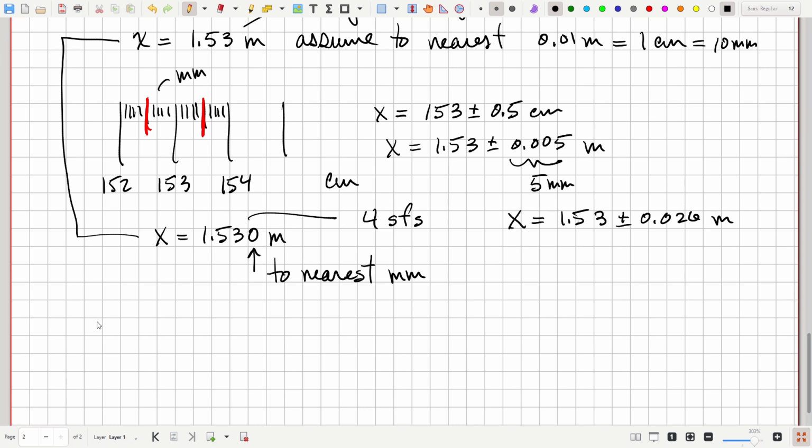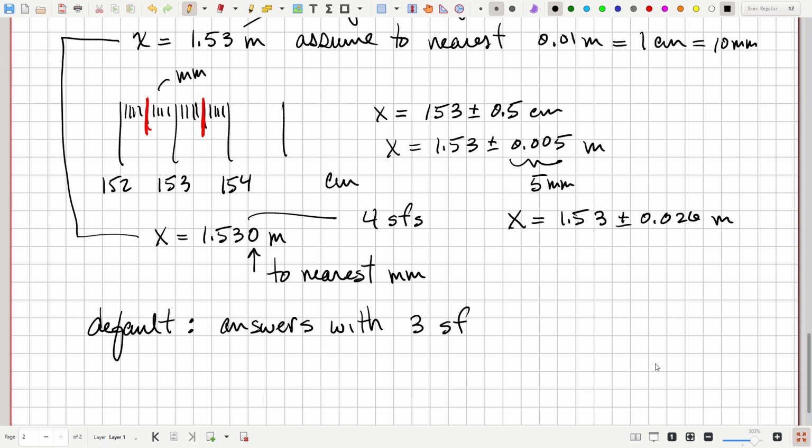Our standard, or we'll just say the default for us, which is a pretty good default for engineering work, is that we'll have answers with 3 significant figures. Okay, so that's better than 1% error or uncertainty.